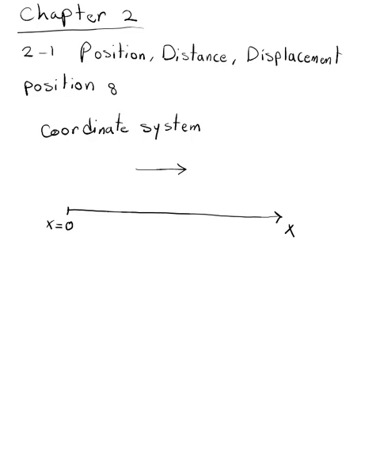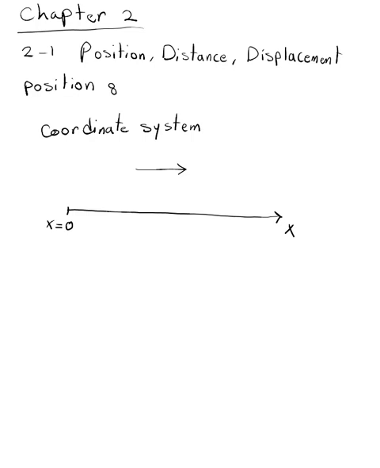When we want to set up a coordinate system, we are free to choose the origin and the positive direction as we like. But once we make a choice, then we must be consistent with it throughout any calculations that follow.